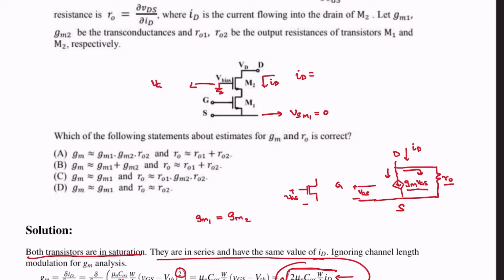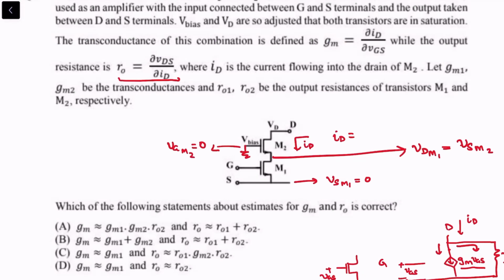So Vg M2 is equal to 0 and Vd M1, which is the drain of M1, is Vs M2, which is also the source of M2. And remember, since we are finding the output resistance, we will also ground the input voltage at the gate, so Vg M1 is also equal to 0, right?